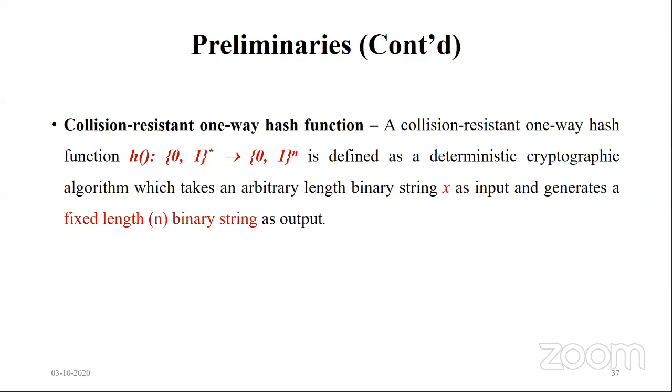The scheme also involves a collision resistant one-way hash function. The property of this function says that once you provide an input and the output is generated, it cannot be reverted back because it is irreversible. The input can be of any arbitrary size, but the output string is of fixed length, which is n in this case.